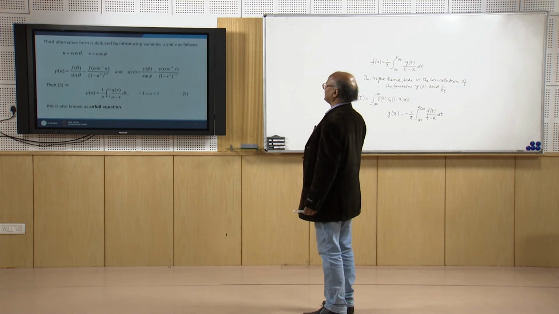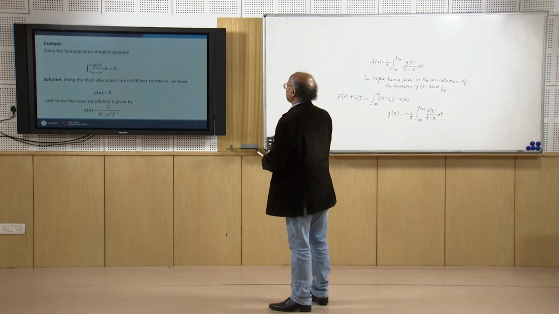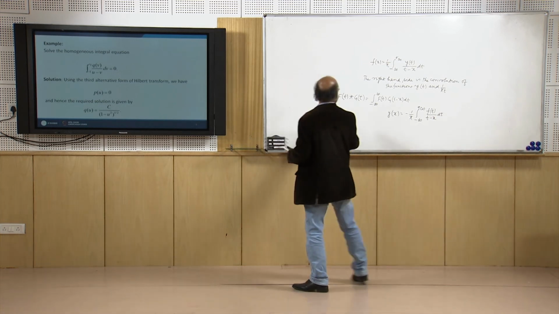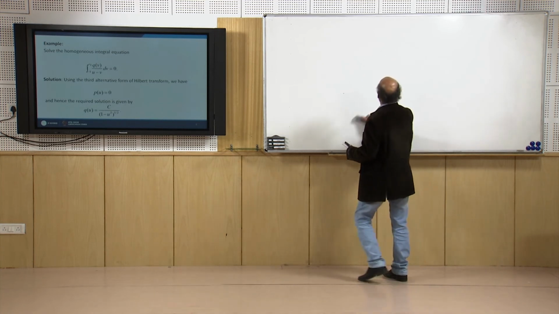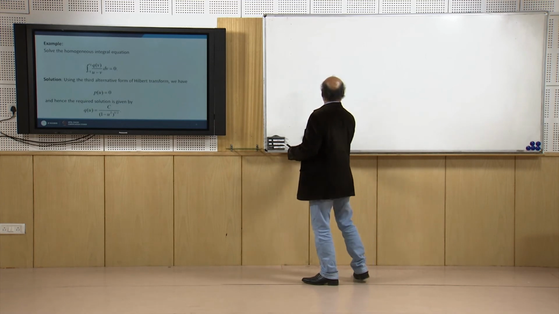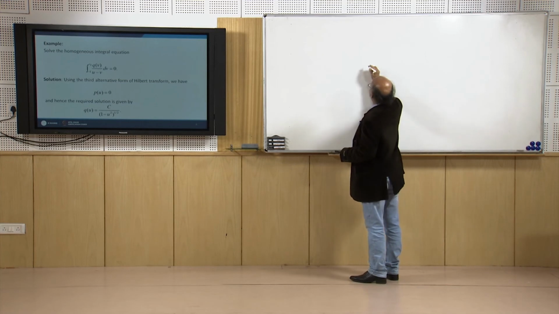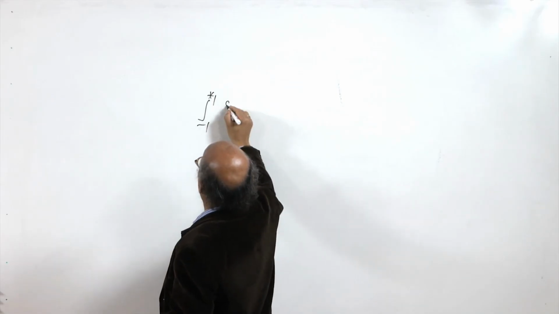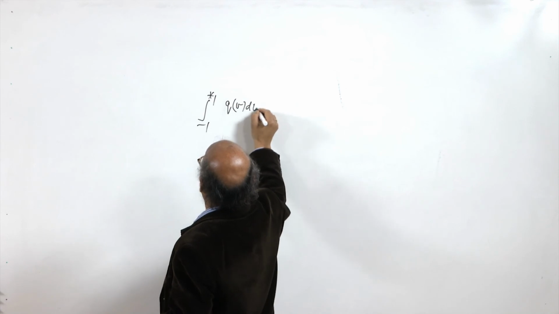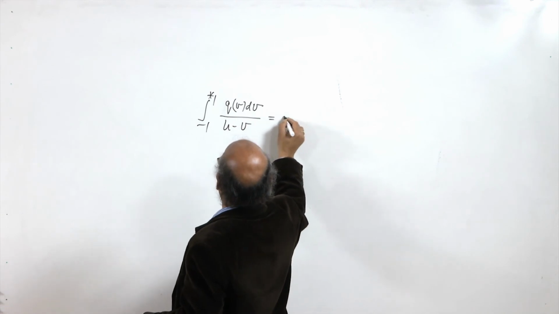This is the case of the finite Hilbert transform, not the infinite one. Here we are given that the principal value integral over minus 1 to 1 of q(v) dv over u minus v is equal to 0.